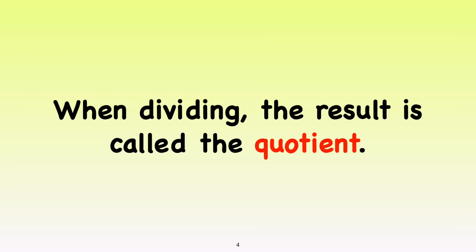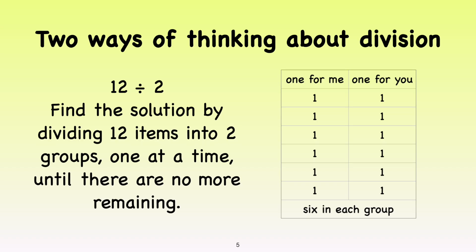When we are dividing, the result is called the quotient. There are two ways of thinking about division. Let's say you have a pocket full of candy that you picked up at a parade, and you want to divide it among some friends. Instead of counting the number of pieces of candy and doing the arithmetic, you can go around your circle of friends and give one to each.